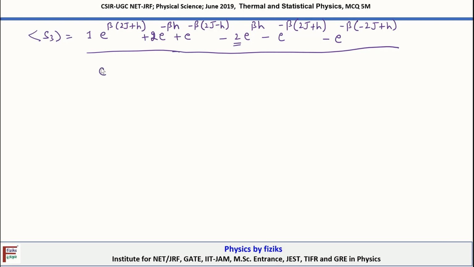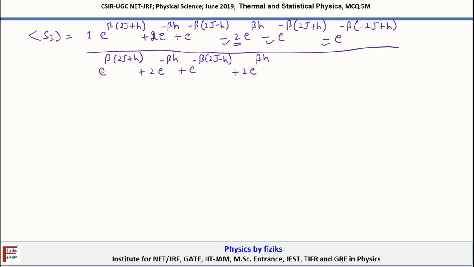Okay, so this is equal to exponential beta into 2J plus H, plus 2 exponential minus beta H, plus exponential minus beta 2J minus H, plus 2 exponential beta H. Please pay attention that here the negative sign has occurred because of the value of S3 here, for instance here as well as here.